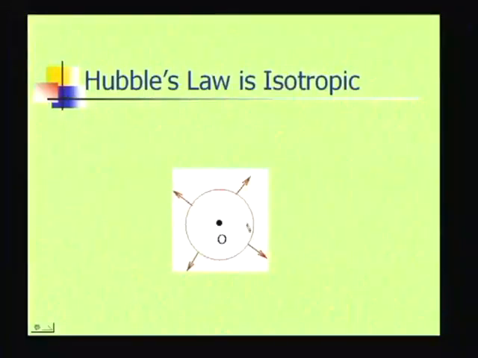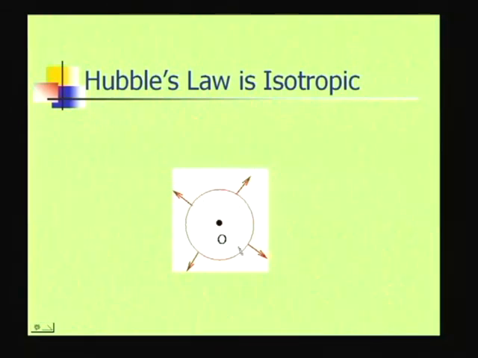Right. Now, this picture should convince you very clearly that Hubble's law is indeed isotropic, because imagine an observer sitting here and imagine galaxies on a sphere like this at a fixed distance r. Hubble's law predicts that a galaxy over here should be moving away from this observer with a speed proportional to the distance, and at every point on the sphere this is going to be exactly the same.